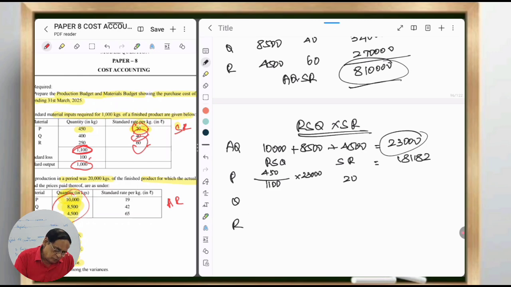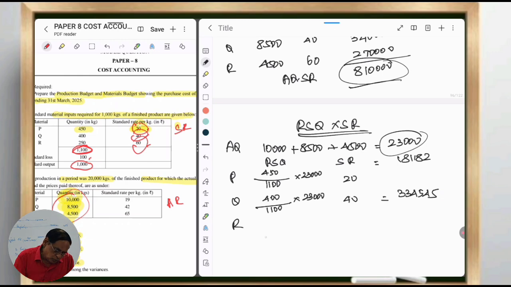For Q also we have to find out for 1100 total standard materials. So the standard quantity of Q is 400, into the total actual quantity of all materials 23,000, into the rate, that is 40 rupees. So 400 divided by 1100 into 23,000 into 40 is 3,34,545.